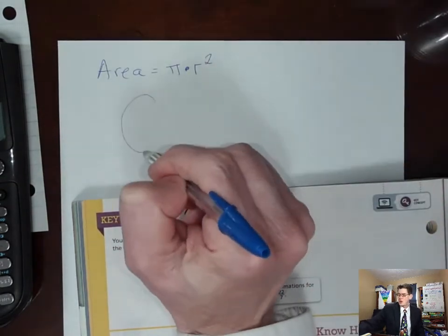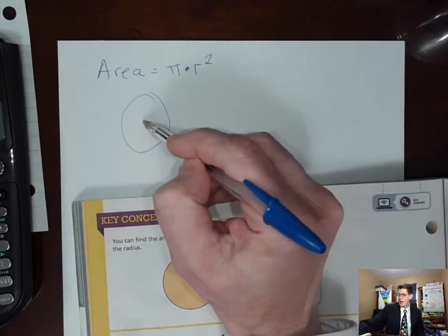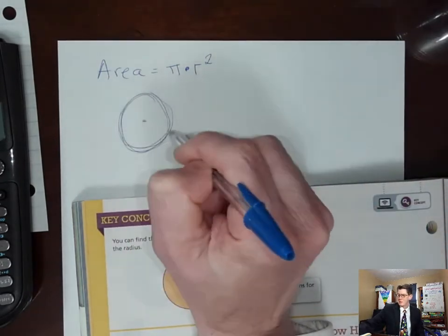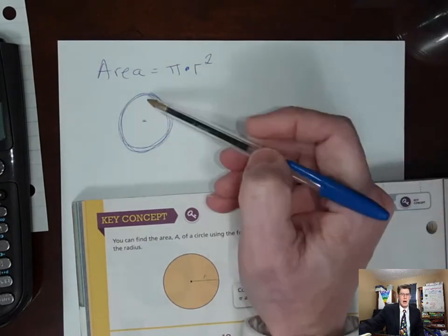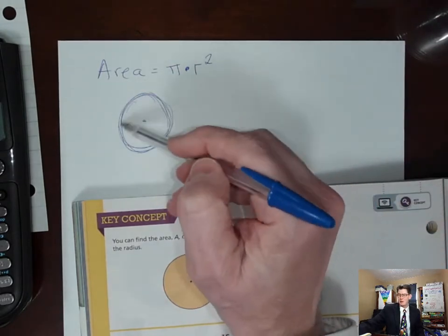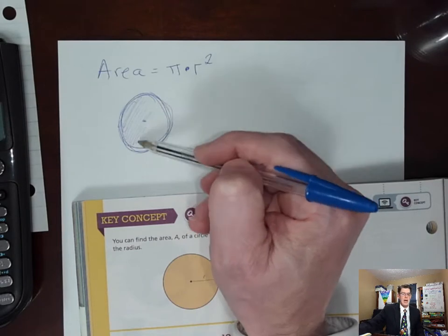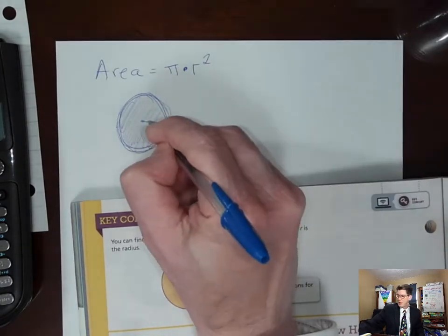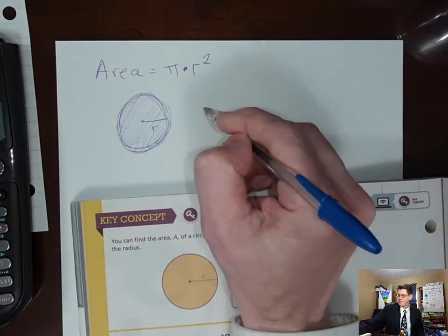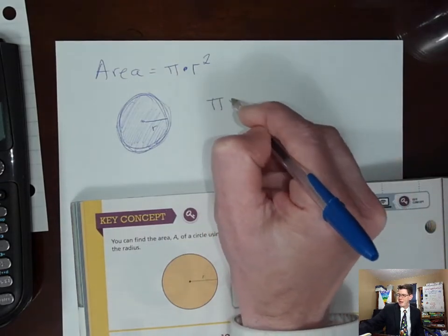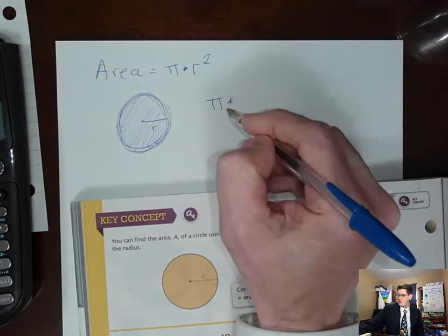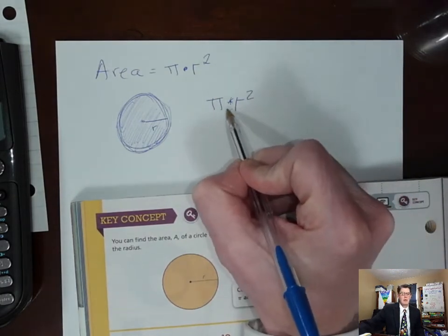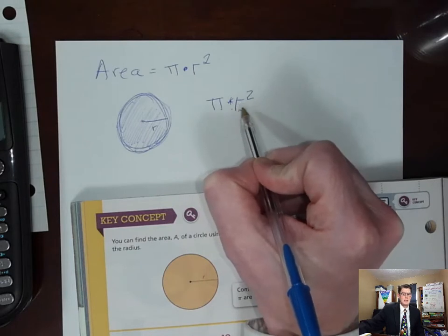So if I have a circle, and I want to know how much is inside that circle, what's the area? I simply take pi and multiply it by the radius, squared. It's not pi and r squared, just the radius is squared.